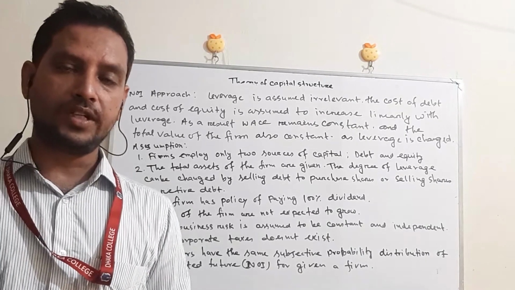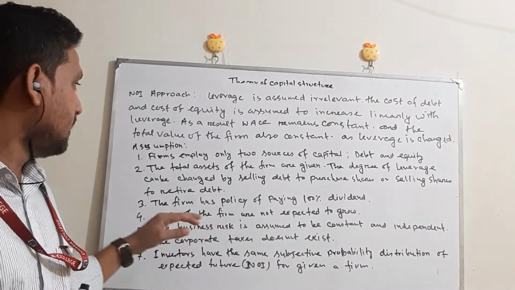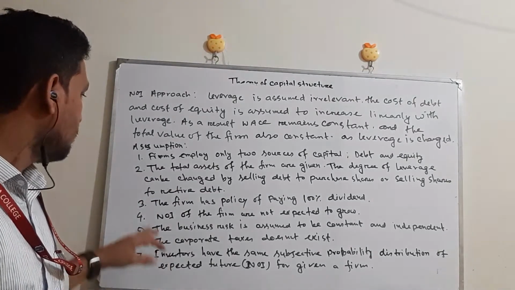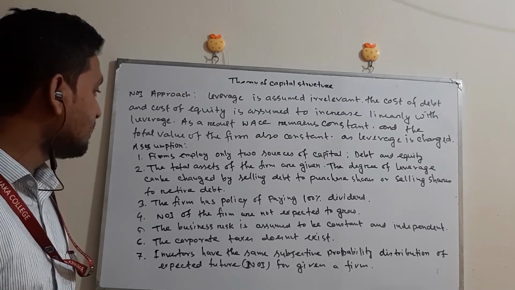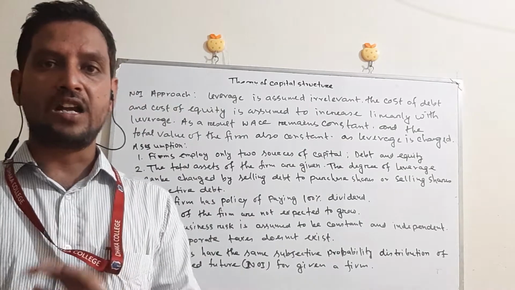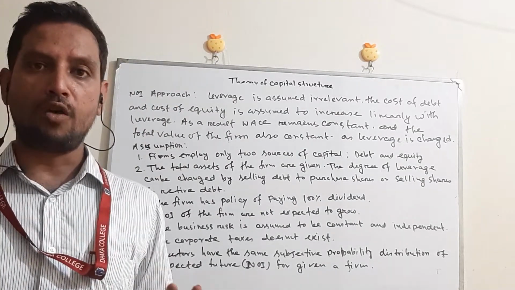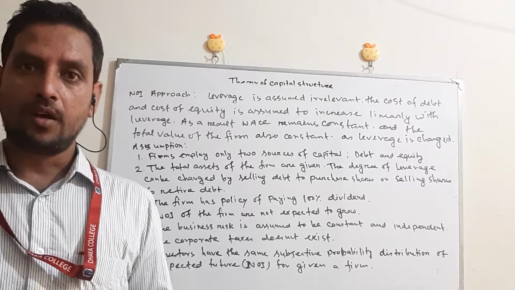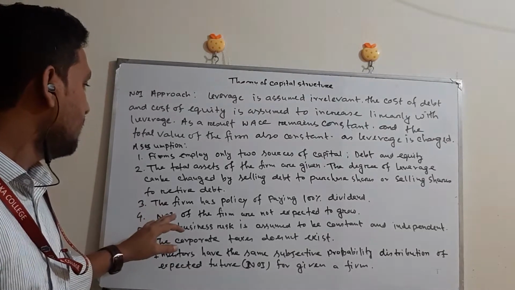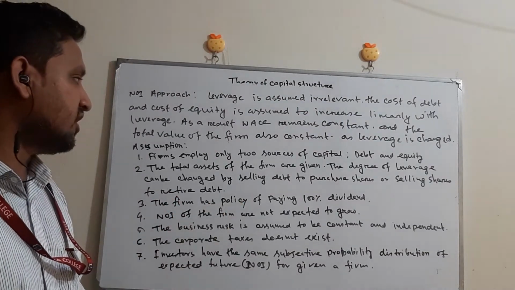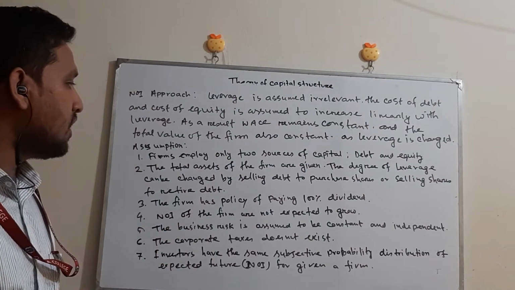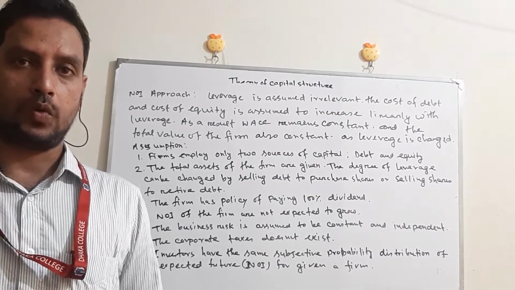Dear students, we already learned what is said in the second point. Three: the firm has a policy of paying 100% dividend. Whatever dividend is declared, the total dividend is paid out. Four: the net operating income of the firm is not expected to grow.